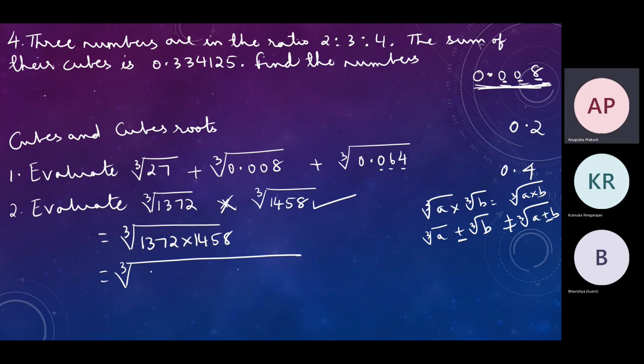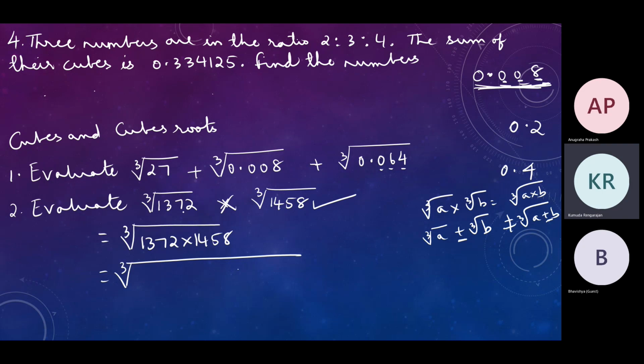Ma'am, I multiplied it, ma'am. No. See, you don't have to multiply. Cube root of A into cube root of B is equal to cube root of A into B. Now we just need to find the prime factors of 1372 and 1458. Do it now. Find the prime factors of 1372 and 1458, both of you, and tell me.